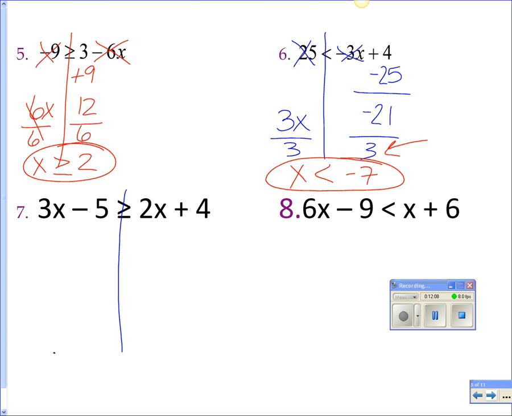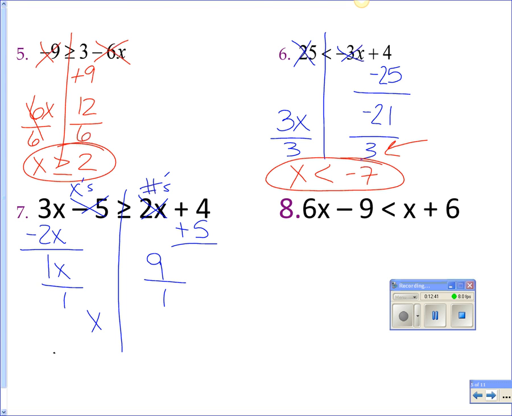Natasha, what's something that needs to move? And it becomes? Rebecca, something else that needs to move. And it becomes? Good. All right, 3x minus 2x. And 4 plus 5? 9. And James, what would you do next?